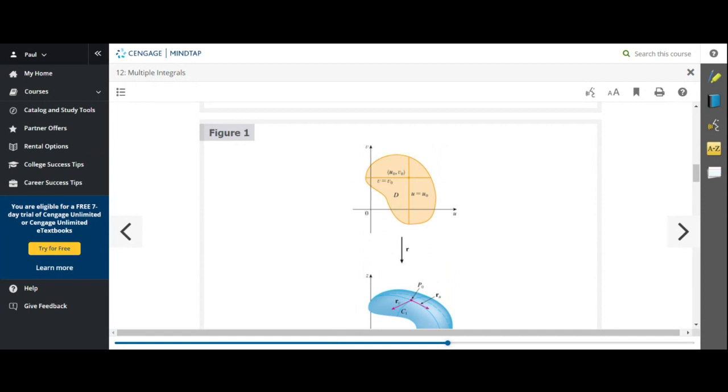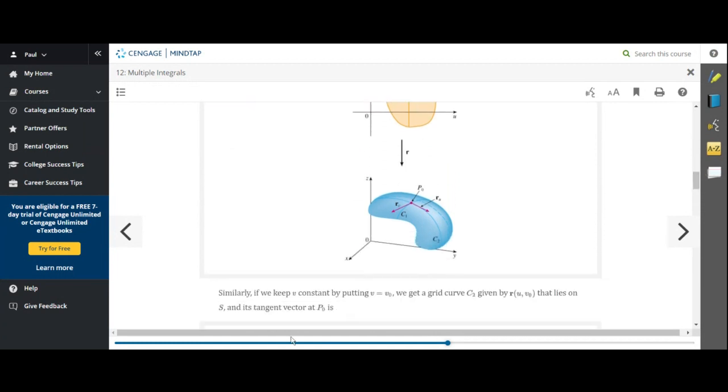Every time we have a double integral, we have to identify a region D. Here, this region D they're drawing is in the uv plane. And if you have your derivative vectors, remember what those mean. What do those derivative vectors stand for?